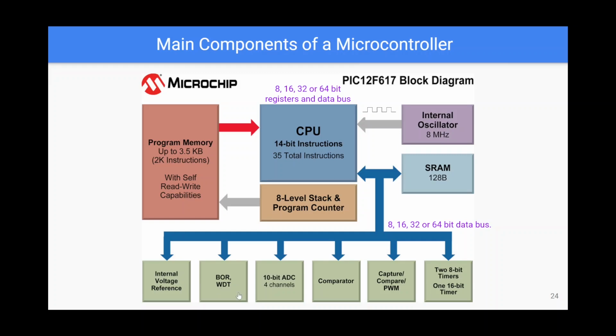We will discuss what those mean and why we use them. The 10-bit ADC is an analog to digital converter, which means whatever analog signal comes into this ADC gets converted into 10 bits of digital data, and it has 4 channels in this particular IC. Comparators means an op-amp. Again, we will discuss what the comparator is and how to use it.